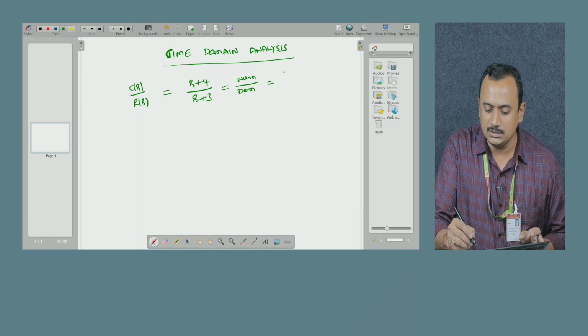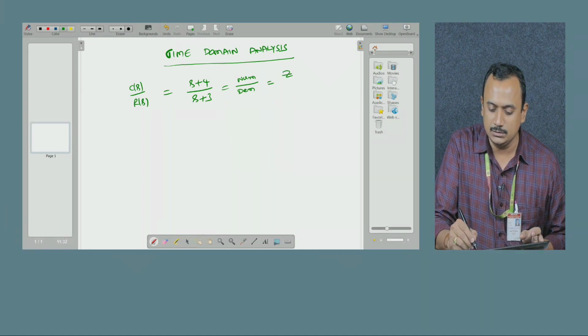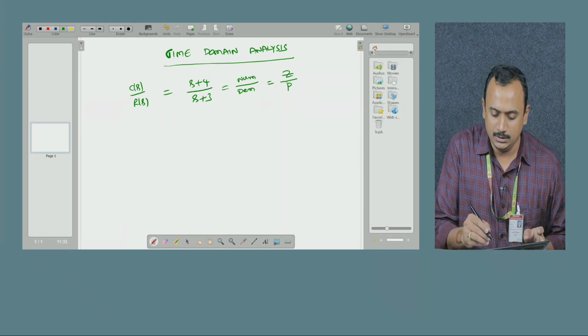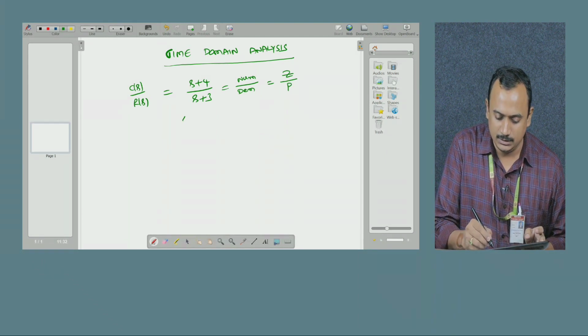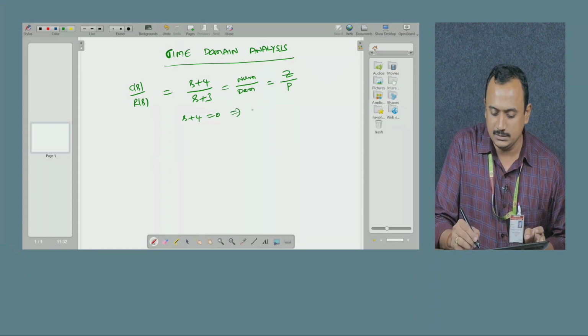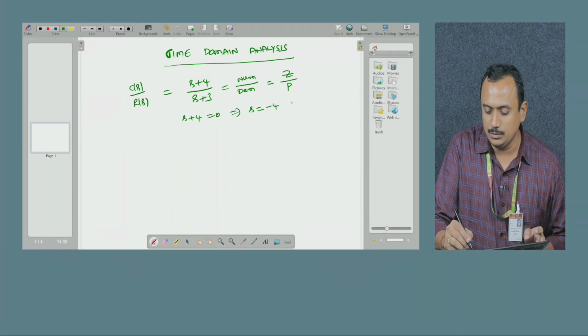Numerator roots represent the zeros, denominator roots represent the poles. For example, if I solve the numerator, s + 4 = 0, so s = -4. This -4 becomes a zero.